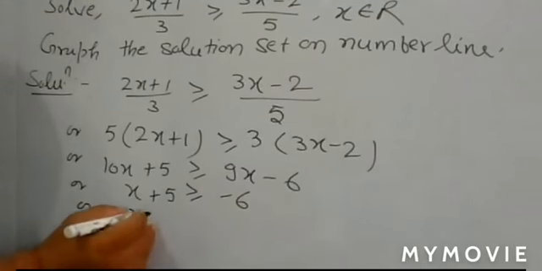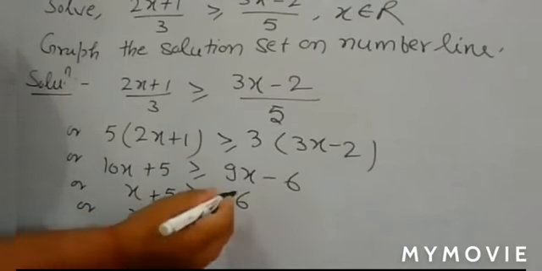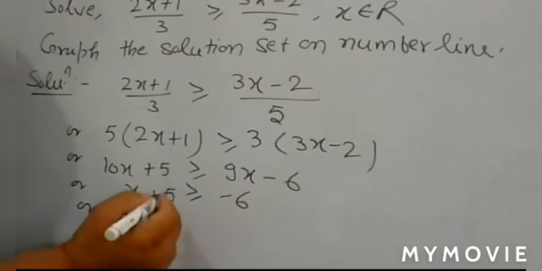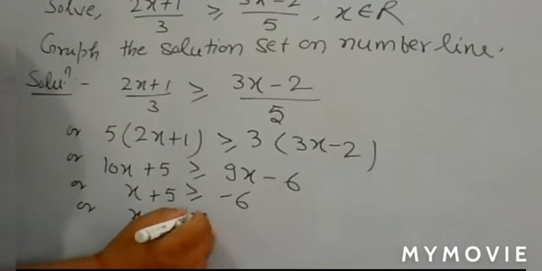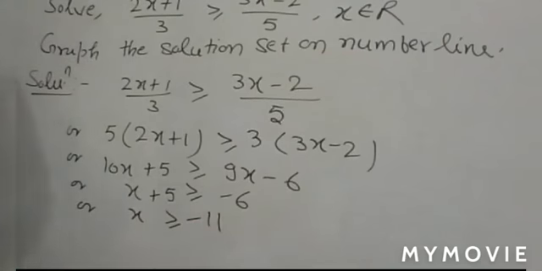Now subtracting 5 from both sides, so here 5 is cancelled out and you have x ≥ -11. In which way can you write your answer?